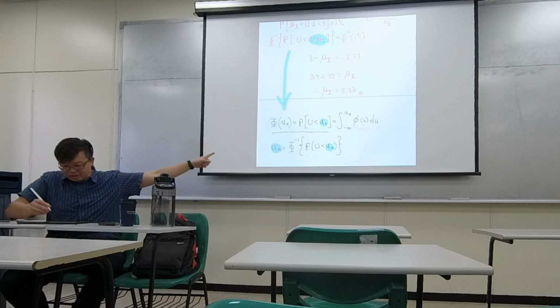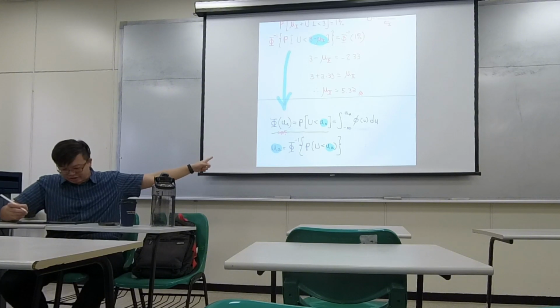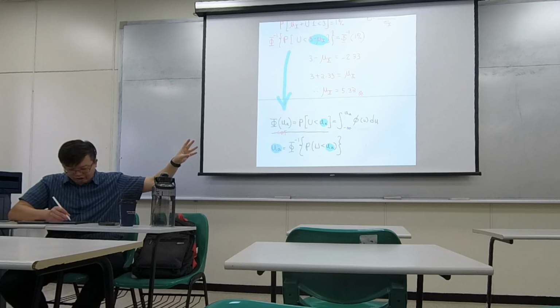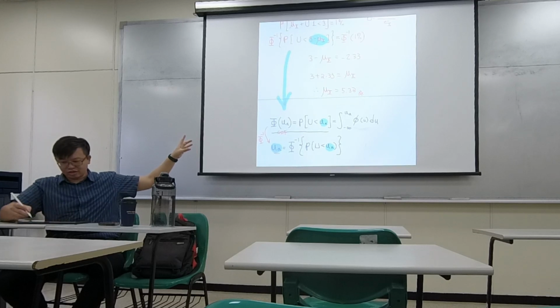the CDF, the so-called cumulative distribution function, basically equals the probability of capitalized U smaller than UA. And if you apply the inverse of this function, you will get UA.